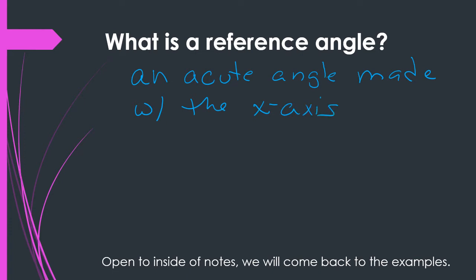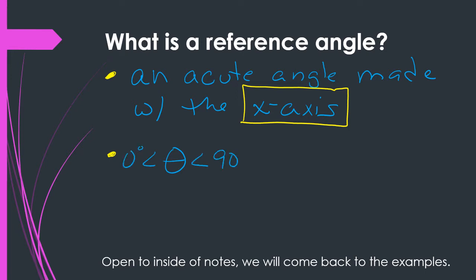Out of everything in this statement, probably the most important thing, it's all important, but we are always going to make this angle with the x-axis. That means if our reference angle is angle theta, that theta will be between 0 degrees and 90 degrees, or theta will be between 0 and pi over 2 radians.